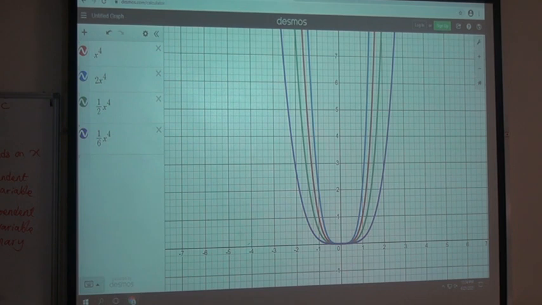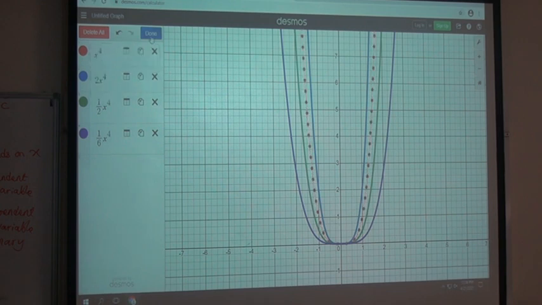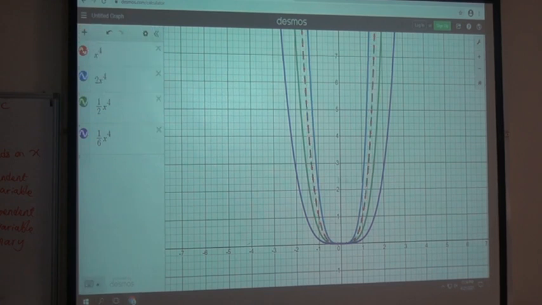Clearly we can see that there's a stretch. When you have a multiple, that's a vertical stretch, right? So the original function, let me put the original function in a dotted line, like that. This is the original function.